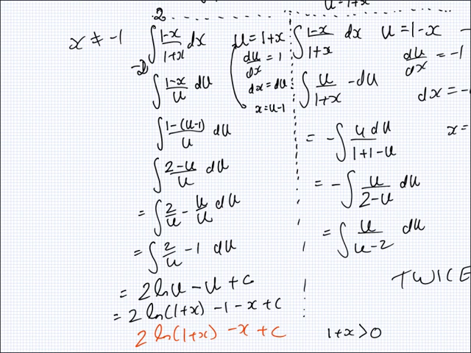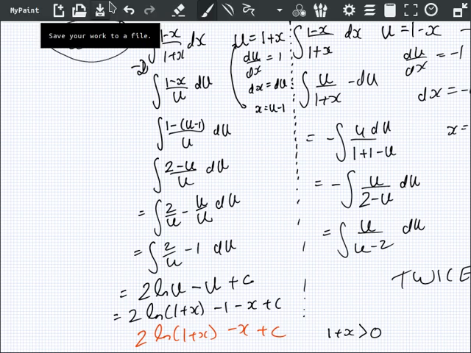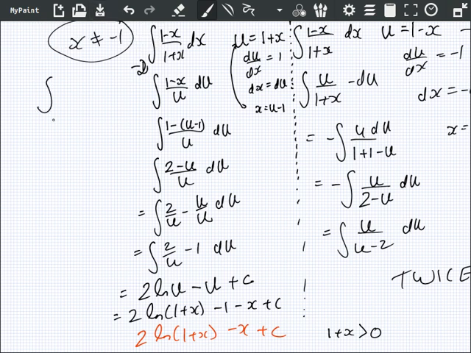Because you have to cross x equal minus 1, which would make this 0. So we definitely need x to not equal minus 1, and we would prefer to stay on one side or the other. You would be okay if I said integrate from minus 4 to minus 3, and okay if we say integrate from 3 to 4. But you're not okay if you have to cross over minus 1.